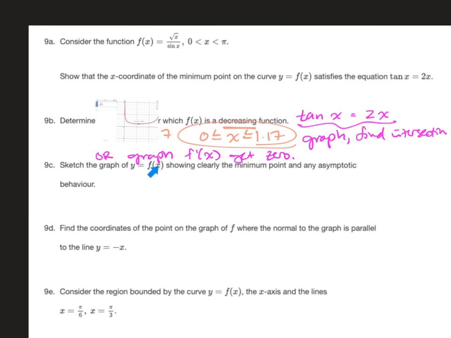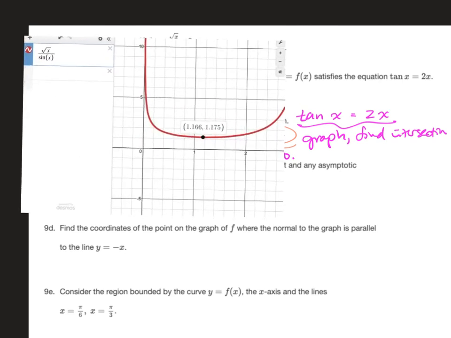Then it says sketch the graph of this and show the minimum point and any asymptotic behavior. So by all means, use your graphing calculator to get something like this. The asymptotic behavior you're going to get is that we can't ever actually hit 0 there, because sine of 0 is 0, and we're not allowed to divide by 0.